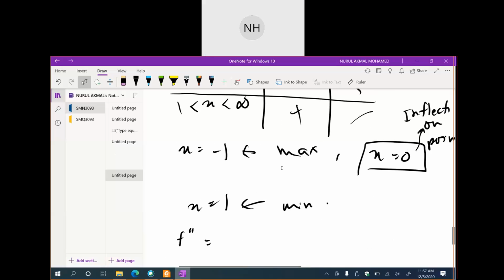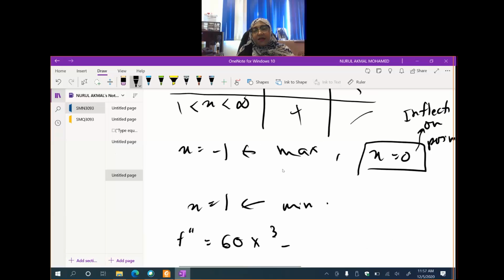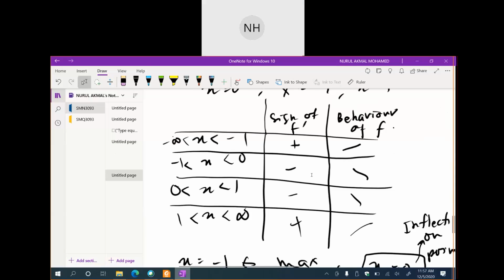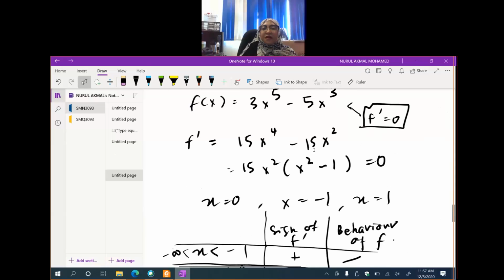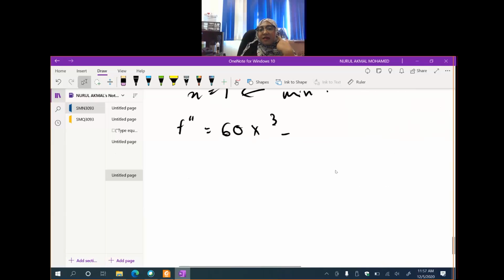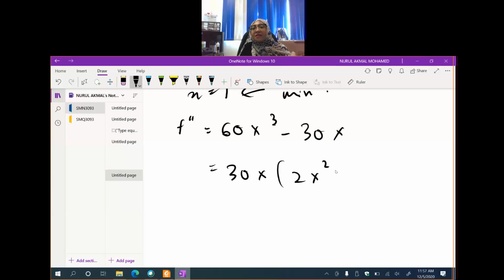So 60x power 3 minus 30x. And then you factorize, you get 30x, and then 2x squared minus 1. You equate this equal to 0. You will get what?